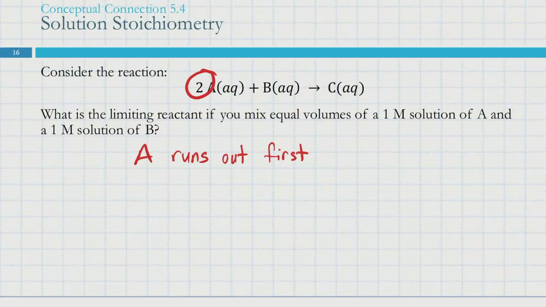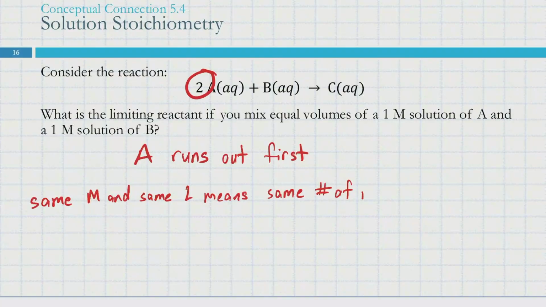A runs out first because we got a coefficient of 2. So if we're using the same concentration and the same volumes, that means we're using the same number of moles. Same molarity and same volume means same number of moles.